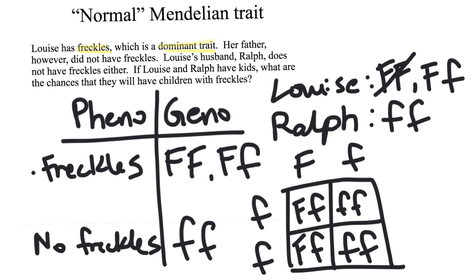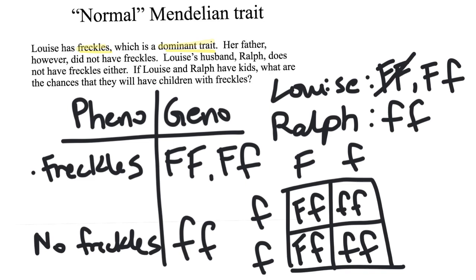Now we got to go back to the question as it is asked. Okay, be very careful about that. So the question as it is asked, it says, what are the chances that the children will have freckles? So we want to know which of the kids will have freckles. Oh my, what happened to my letters? There they are.